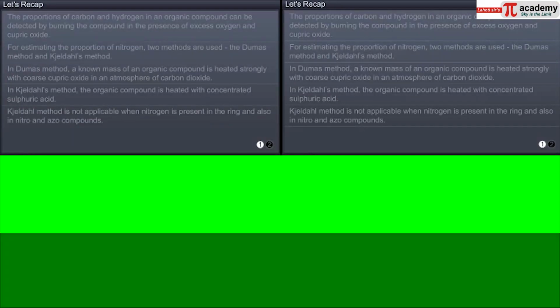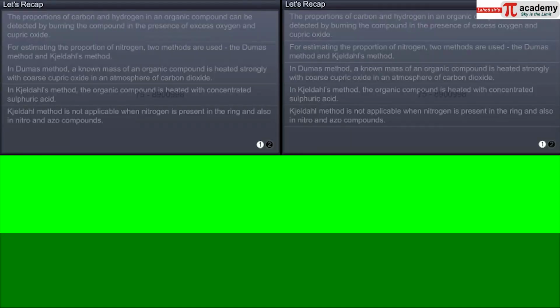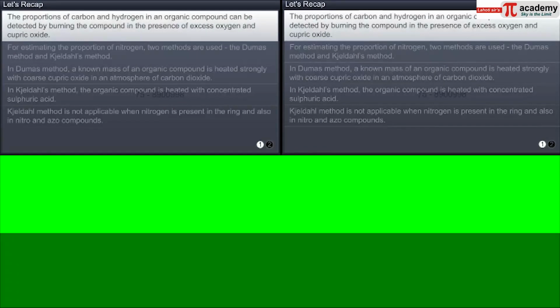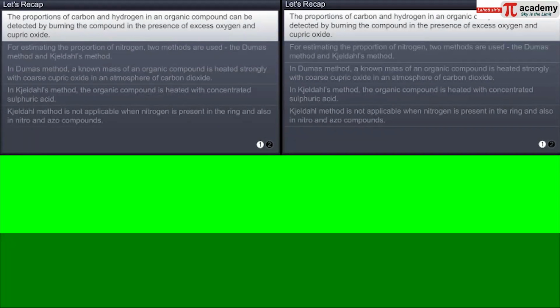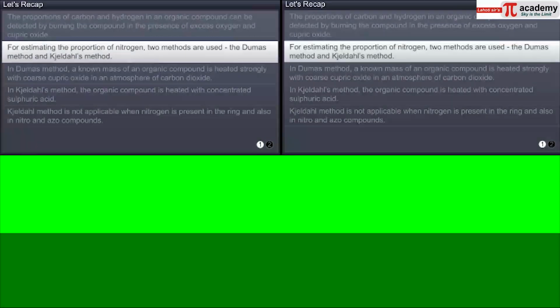You have now reached the end of this module. In this module, you learned that the proportions of carbon and hydrogen in an organic compound can be detected by burning the compound in the presence of excess oxygen and cupric oxide. For estimating the proportion of nitrogen, 2 methods are used, the Dumas method and Kjeldahl's method.